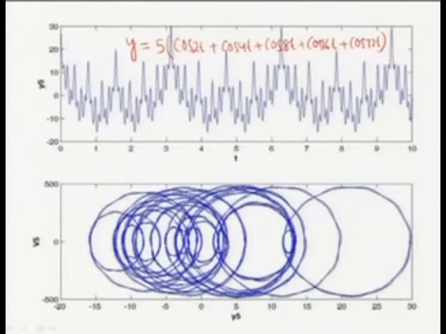So, you just see I have taken the period, first frequency is 2, then it is 4, next it is 8, then 16 and then 32. I have doubled the period in this case.